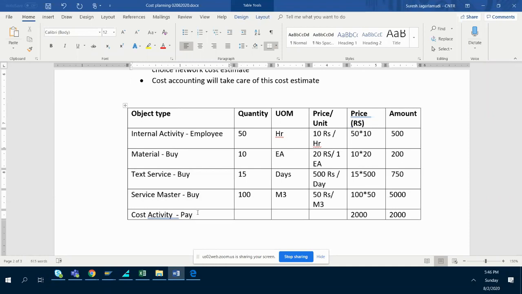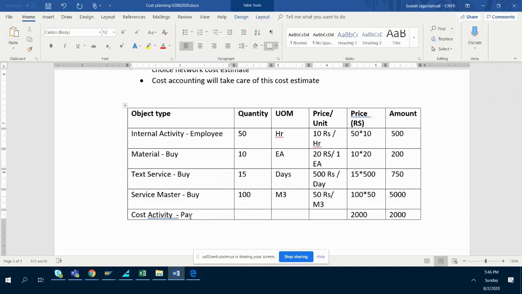See here, I do not know what terms you are telling. For project execution we don't consider that part. We only consider whether it is internal activity related, or material I am going to use, or service I am going to buy, or service master what I have, or direct procurement, I mean direct payment what I make. But we didn't include capital cost or something.